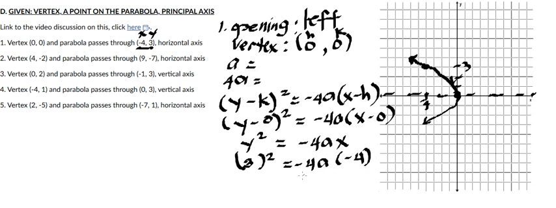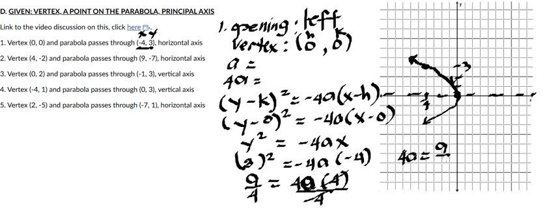So 3 squared is 9 equal to negative times negative, that's a positive, 4a times 4. Notice that I did not multiply 4 and 4. The reason is we wanted to look for 4a. So it might be better if I just divide by the 4 which is not the one that we're needing, and cancel that out. So we are left with 4a equal to 9 over 4.